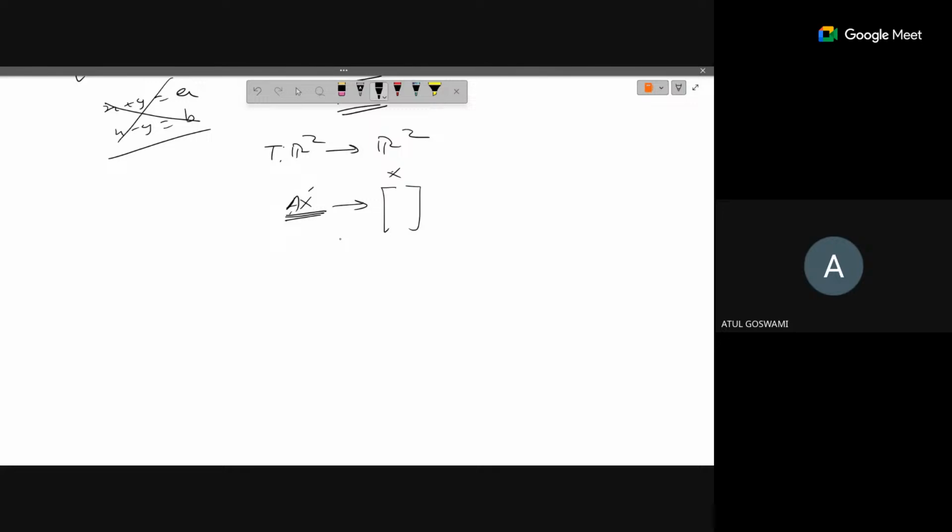I'm taking any vector from R2, suppose (x, y). This is a vector in R2, and I'm applying T here, and what I'm getting is x and y itself, because after multiplying with A, I get x and y itself, because A is an identity matrix. Is that clear? Yes, this I have understood, sir.